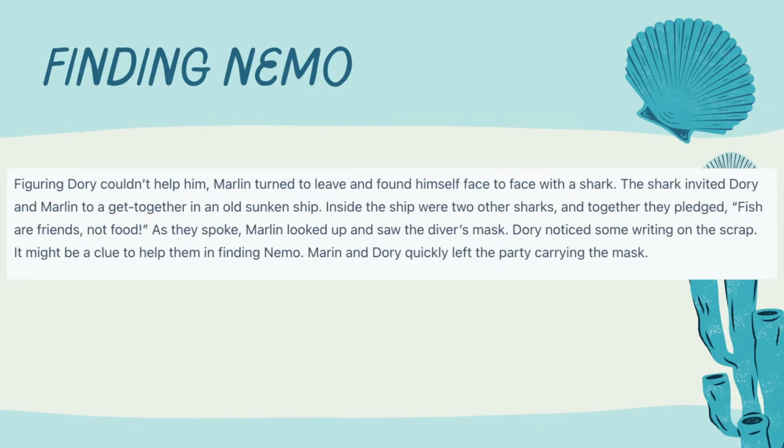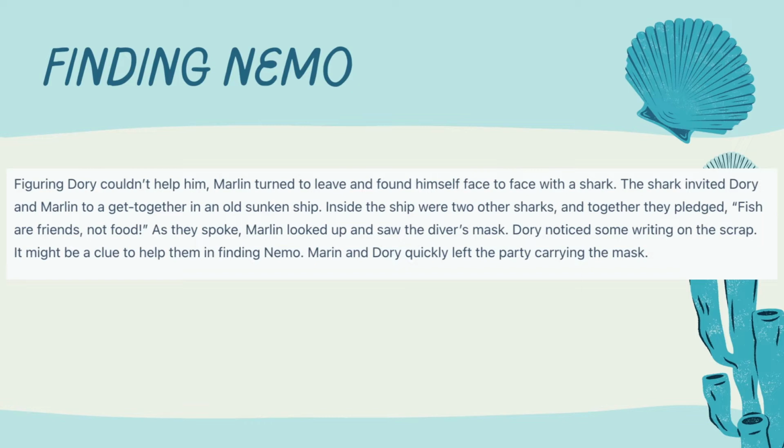Figuring Dory couldn't help him, Marlin turned to leave and found himself face to face with a shark. The shark invited Dory and Marlin to a get-together at an old sunken ship.